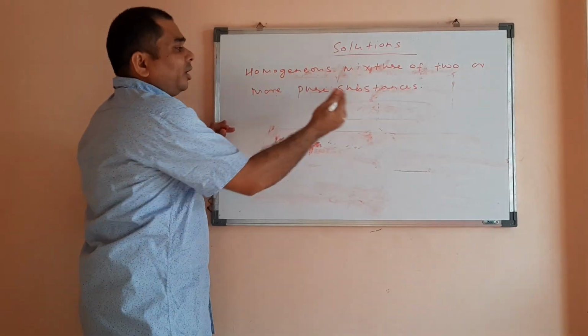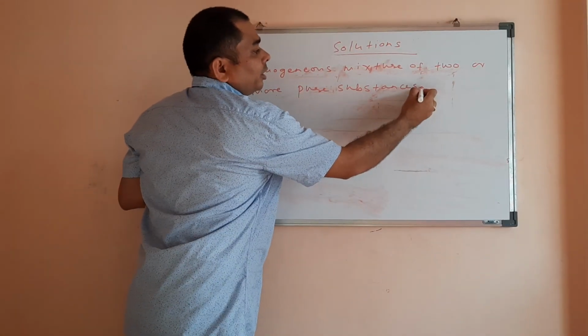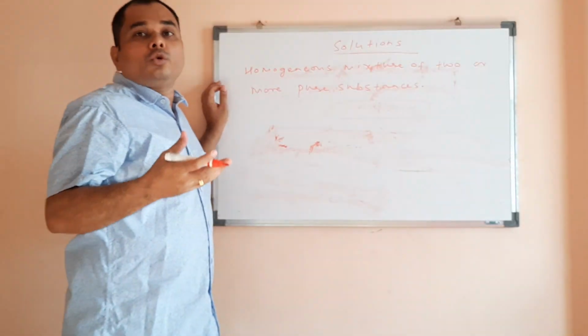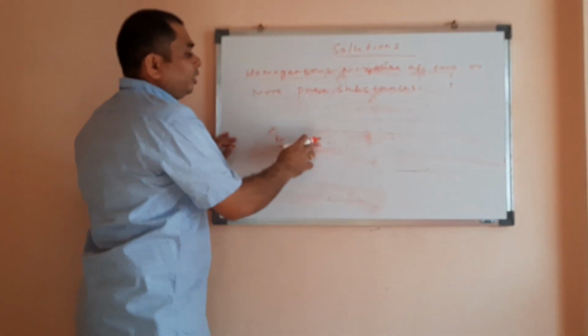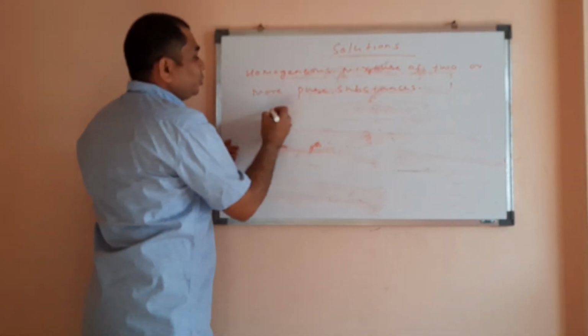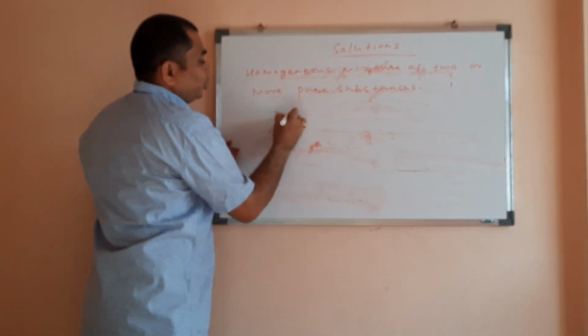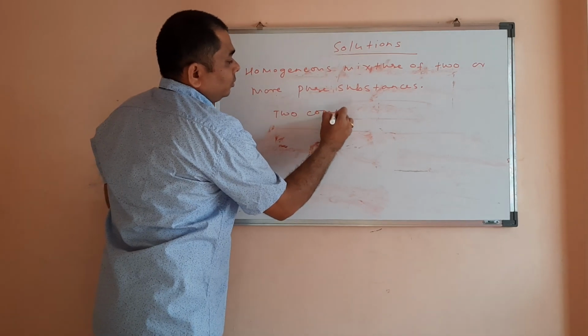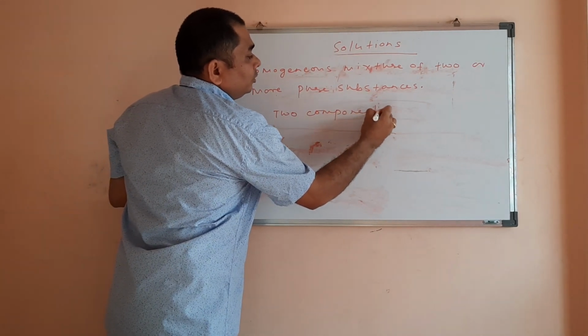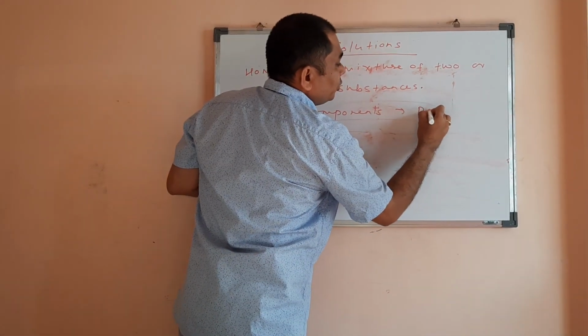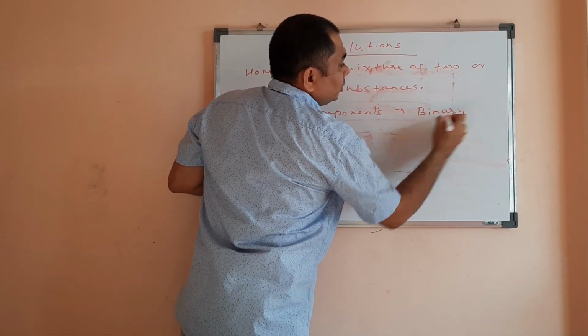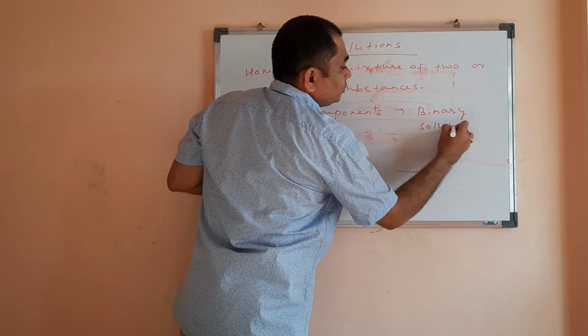Now you can have many components. You can have 2 components, 3 components, 4 or more than 4 components. But in your syllabus we will mainly deal with those solutions which have 2 components. These type of the solutions are called binary solutions because they have 2 components.